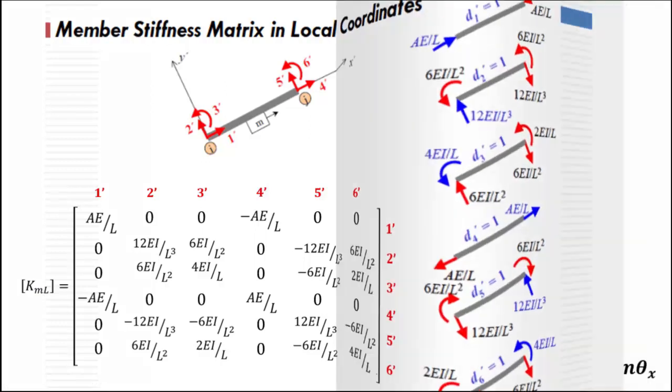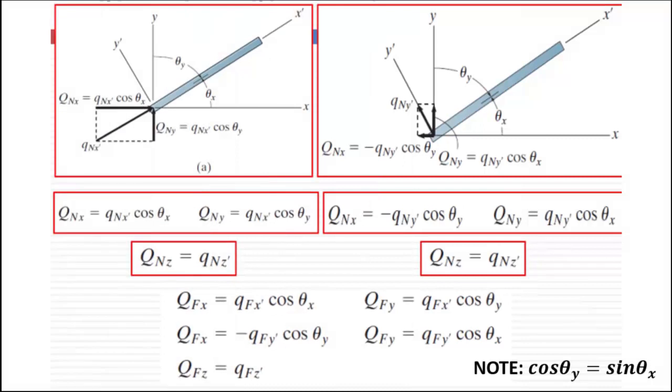To do that, we need to set up your transformation matrix, and to do so, we take a look at this example. Consider small q x prime as your local force. You need to get its components along the vertical and horizontal, so those are your global y-axis and global x-axis.